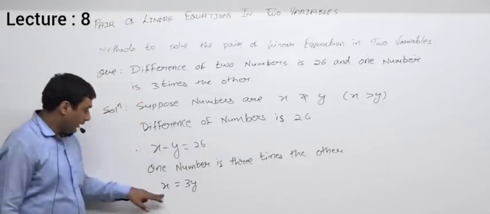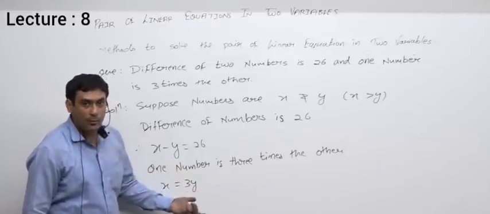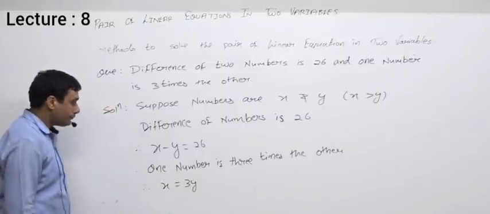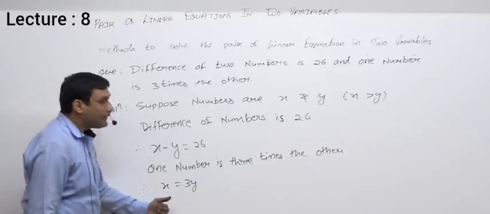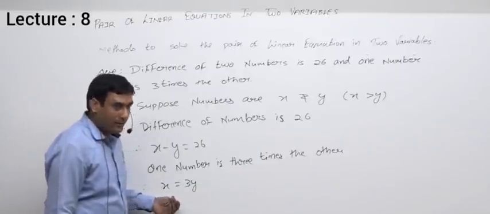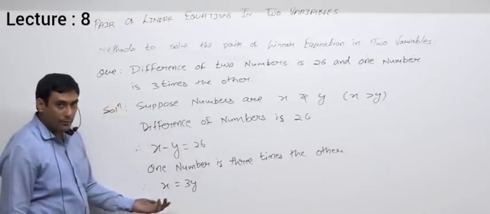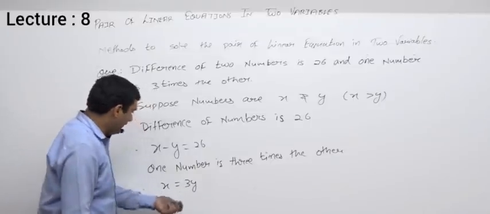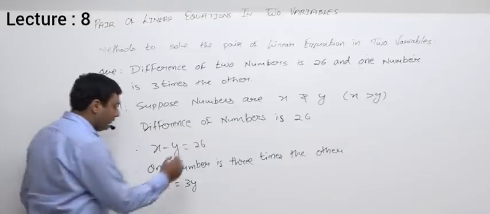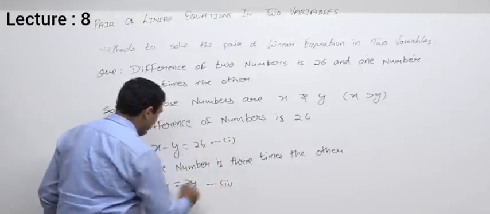One number is 3 times the other, so the greater will be 3 times the smaller, and y is the smaller. Now here we directly got the value of x, and in the substitution method we need the value of one variable in terms of another variable. Here we got it directly. So let this be equation number 2.